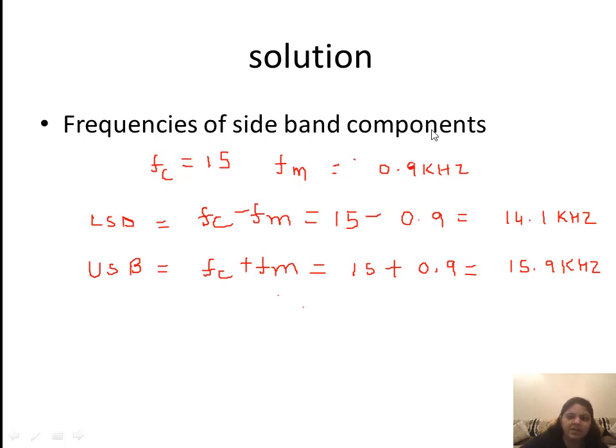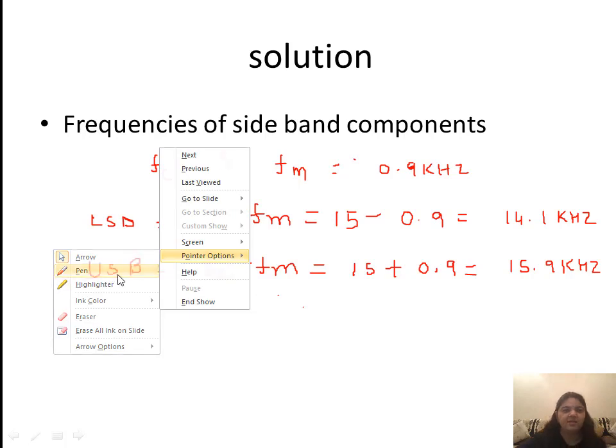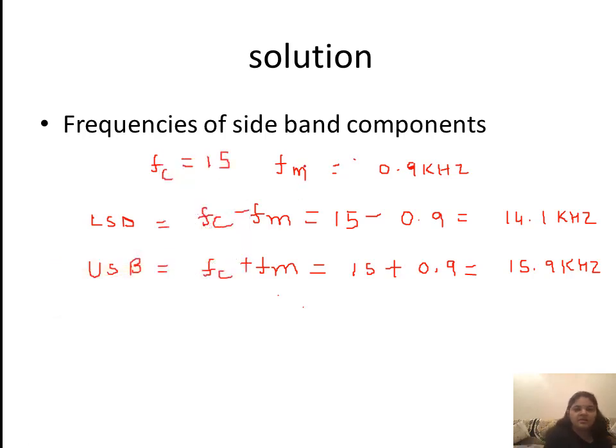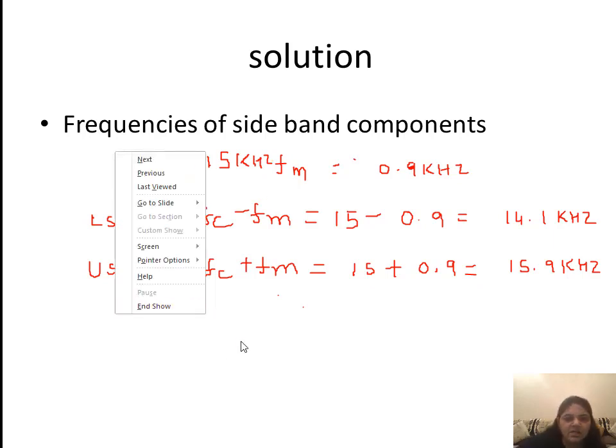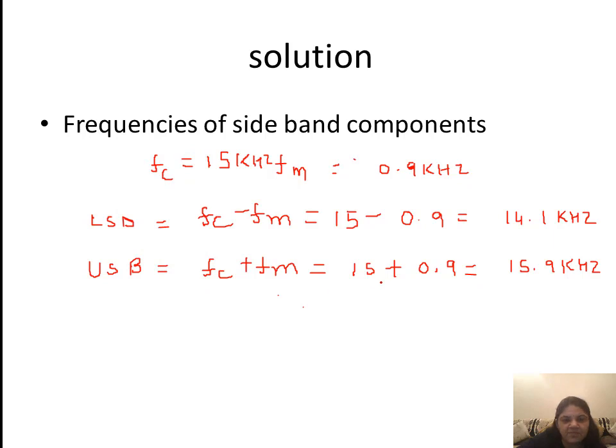Lower sideband is Fc minus Fm, so 15 minus 0.9 is 14.1 kilohertz. USB is Fc plus Fm, so 15 plus 0.9 is 15.9 kilohertz.